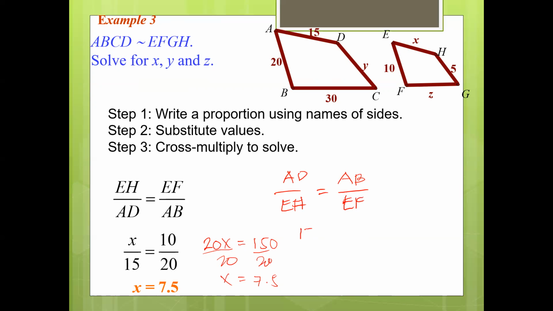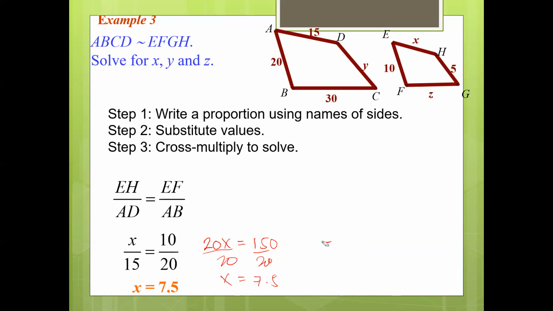EH, this is 15 here, this is x, and this is 20 over 10. If you notice, even if we rearrange it, the actual value stays the same. This will still give us x, which is 7.5. Whatever the orientation, as long as you substitute the values correctly, they will end up equal.